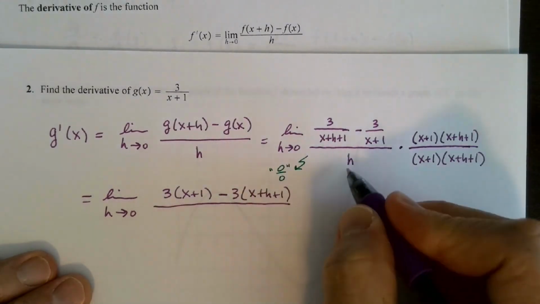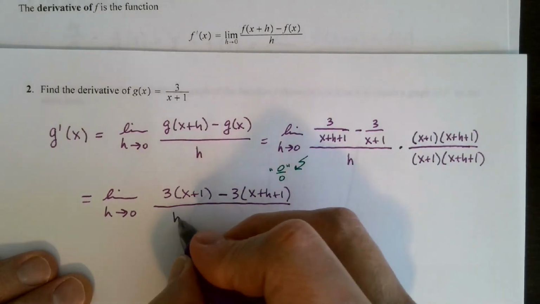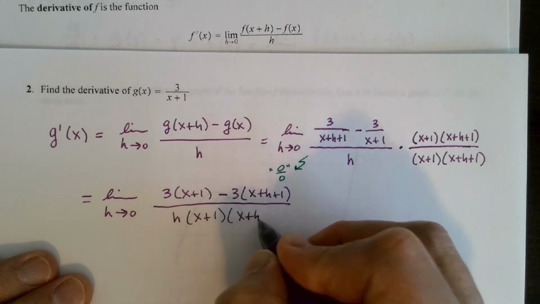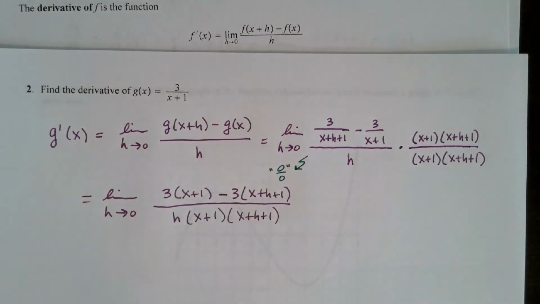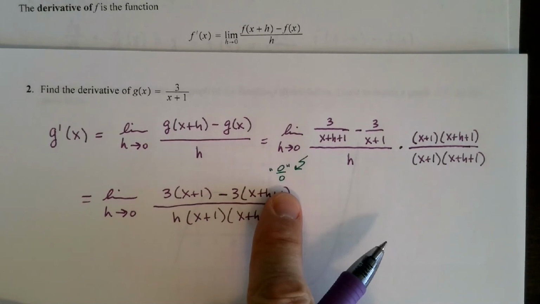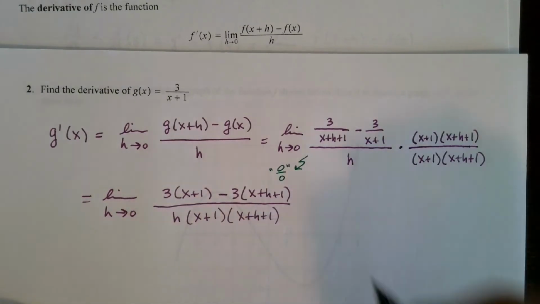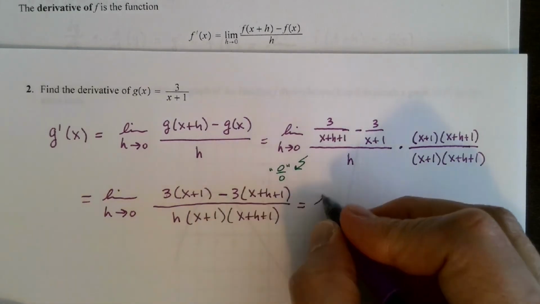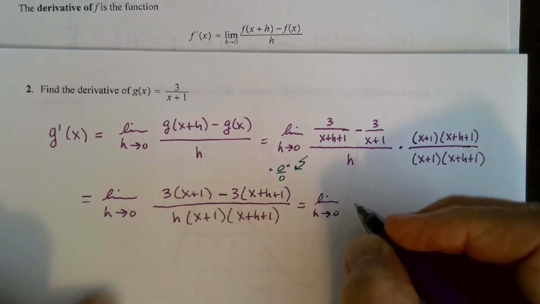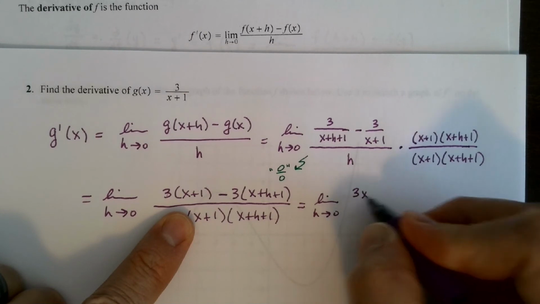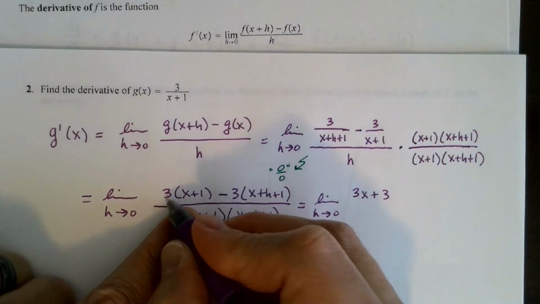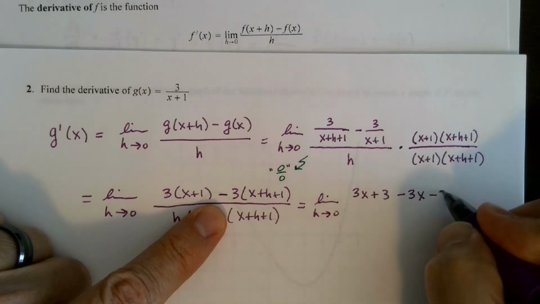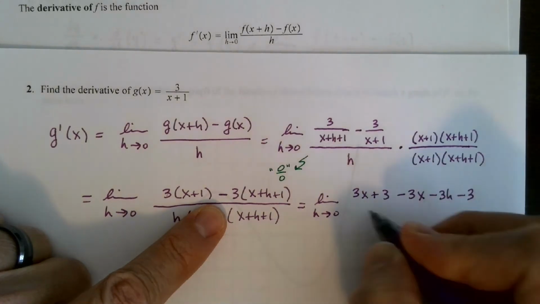Down below, I'm just going to multiply h times all this stuff. And again, I'm going to leave that factored, since it's already factored. Up top, I've got to do some work, right? I can distribute the 3 here and the negative 3. And what do I get up top? I get 3x plus 3, right? Distributing that 3 through, and then negative 3 times x, negative 3 times h, negative 3 times 1.